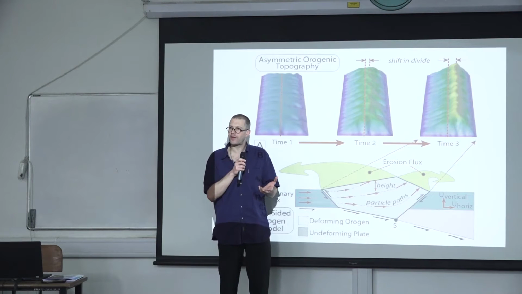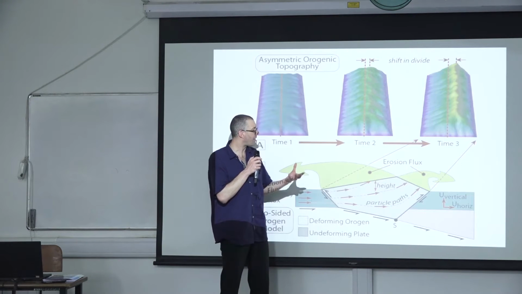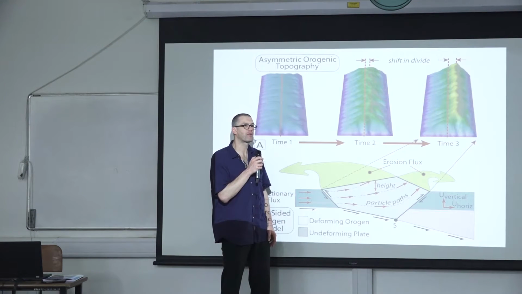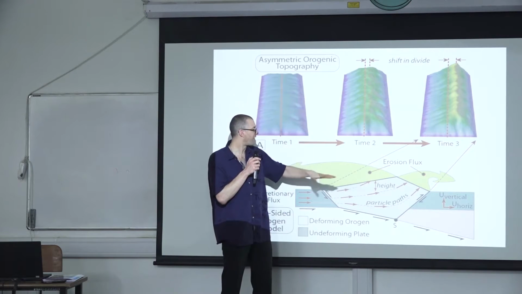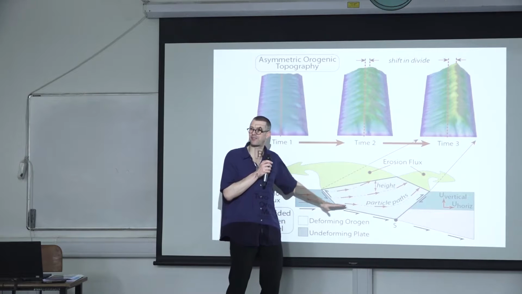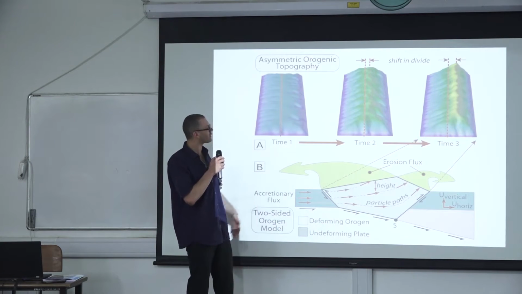Sounds logical in the first sense, but it also means that if you're eroding more on one side of the orogen, that's a brittle process, right? You are in the brittle part of the crust, and how does that affect the ductile part of the crust that is doing the exhumation as well? So, still an ongoing discussion.